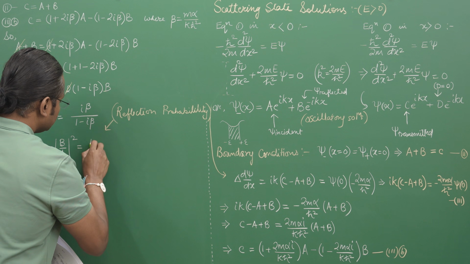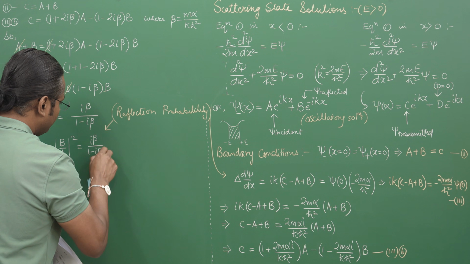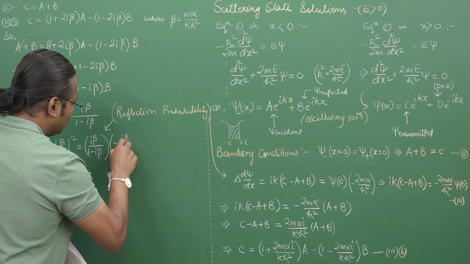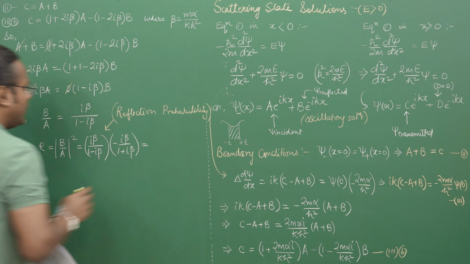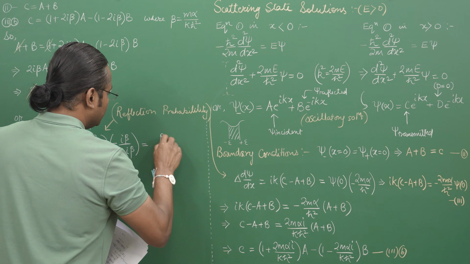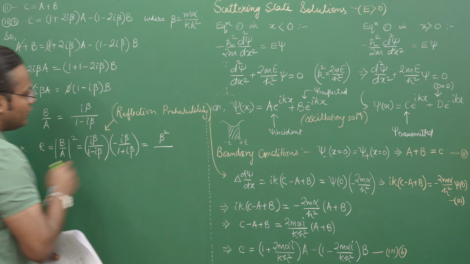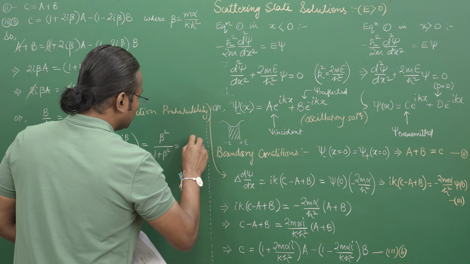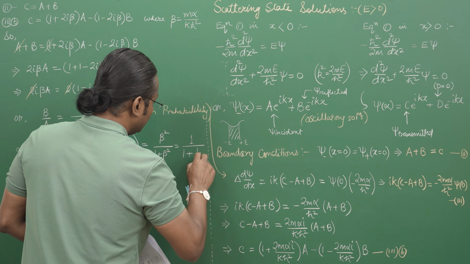So what is this? So this is iota beta upon 1 minus iota beta times minus iota beta upon 1 plus iota beta, right? So iota and iota becomes minus 1, minus minus gets cancelled, so you end up getting beta square. And here you have 1 minus iota beta and 1 plus iota beta, this becomes 1 plus beta square. So this is equal to nothing but 1 upon 1 plus 1 upon beta square.